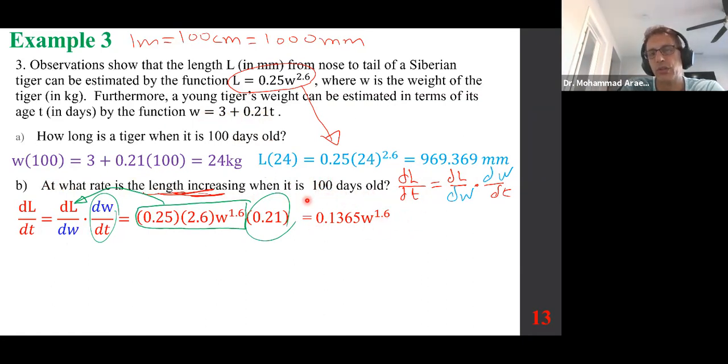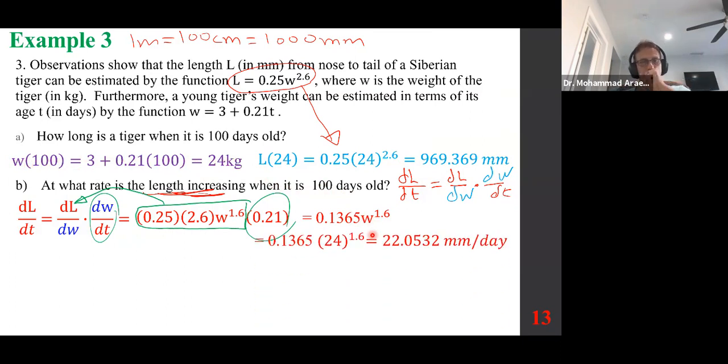If it did, you would. But it has a W. So after 100 days, what is the weight? You've already calculated it here. Take a look. We know when t is 100, W is 24. Plug in, and you're done, class. So replace the W with the 24 you found in part A.